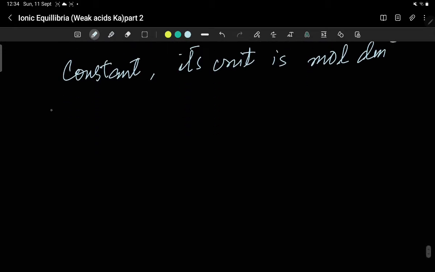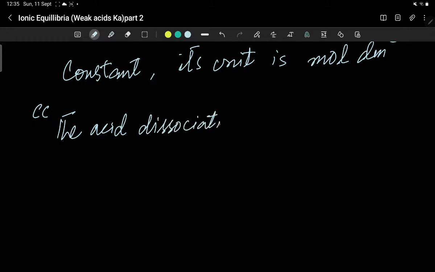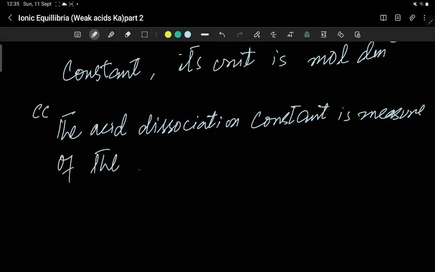So the acid dissociation constant can be defined as a measure of the strength of a weak acid.